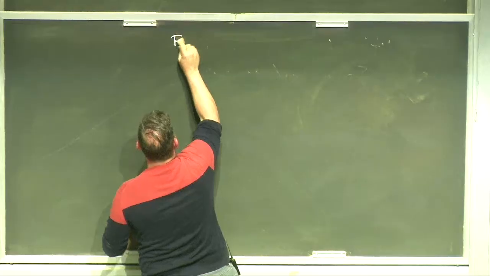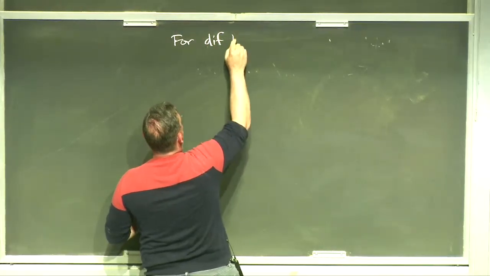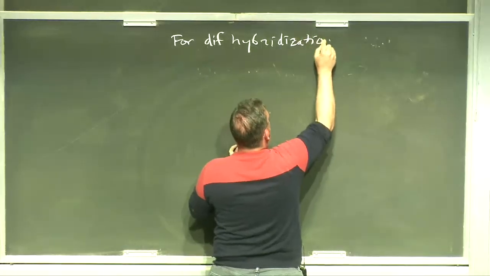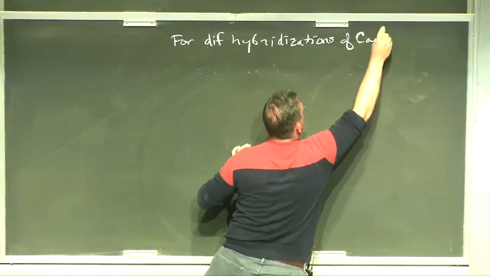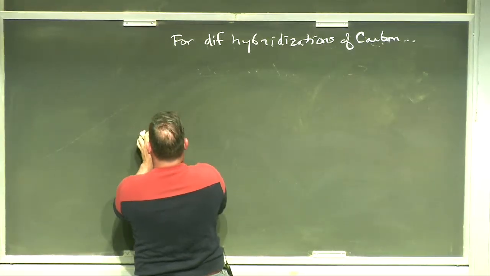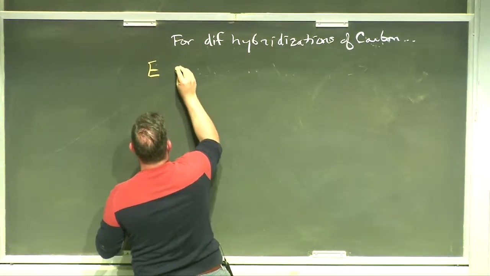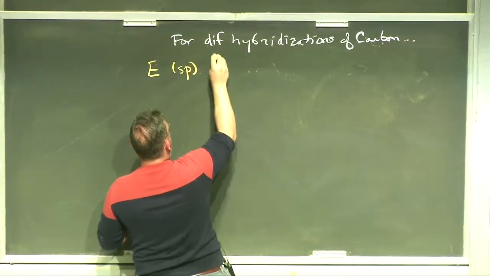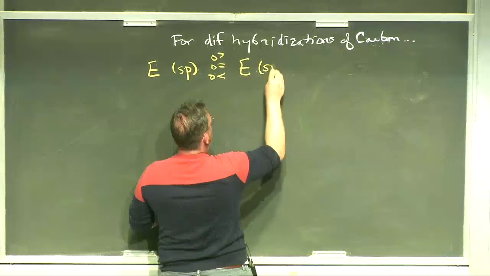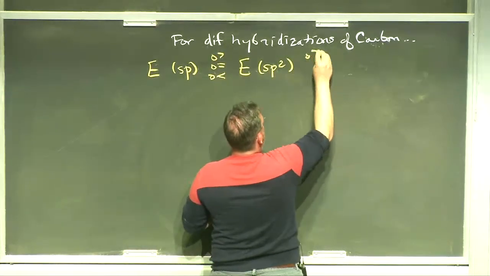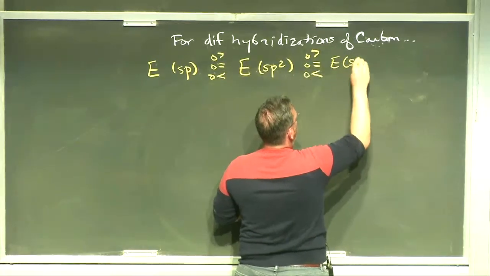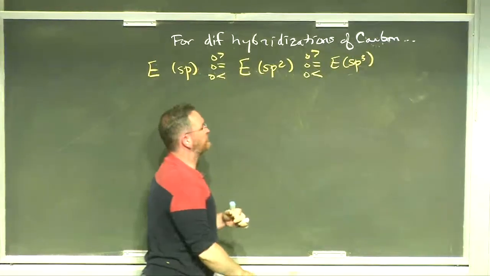For different hybridizations of carbon, I want to know if the energy of SP is greater than, equal to, or less than the energy of SP2, which is greater than, equal to, or less than the energy of SP3.